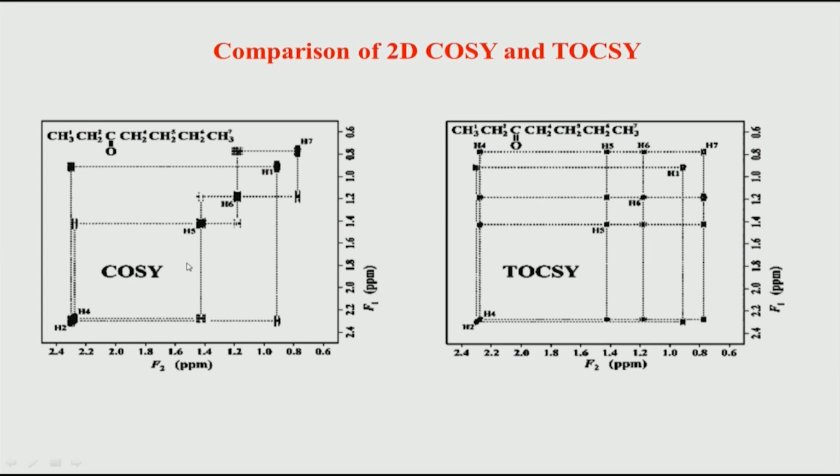In some applications COSY will be useful, where you are not interested in looking at spin systems. Suppose you are interested only in what hydrogens are coupled to what hydrogens directly, then COSY is sufficient. But if you are interested in forming a spin system, then we use the TOCSY experiment. So, it depends on the type of application you are interested in. Typically, for small organic molecules we do not go for TOCSY, we are usually satisfied with a COSY for structure analysis.